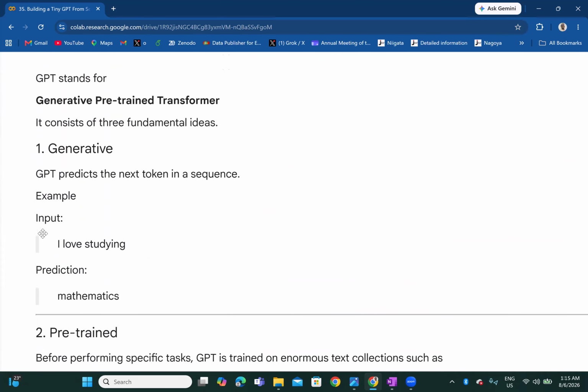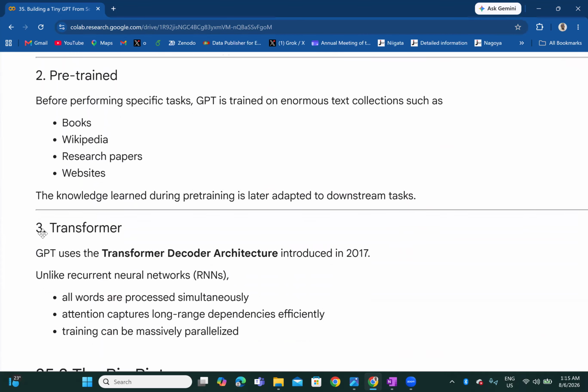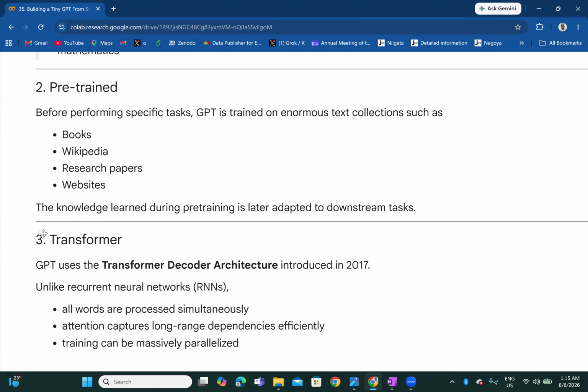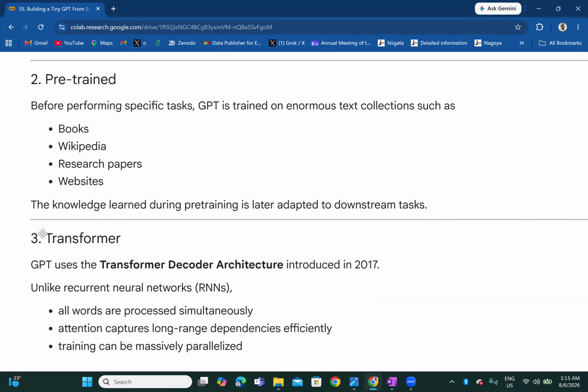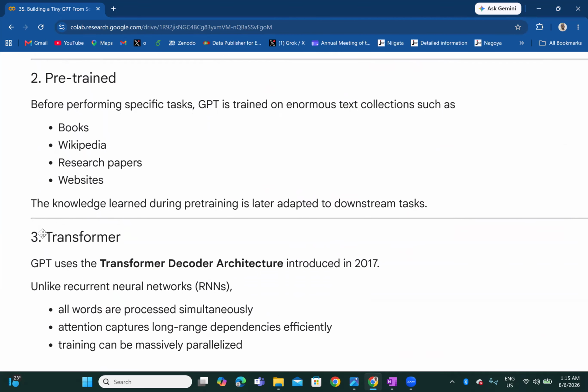Then you have the part that is pre-trained. Before performing specific tasks, GPT is trained on an enormous text collection such as books, Wikipedia, research papers, and websites. The knowledge learned during pre-training is later adapted to downstream tasks. How you get predictive text on your phone is that if you type a particular set of words constantly, the phone gets used to it.